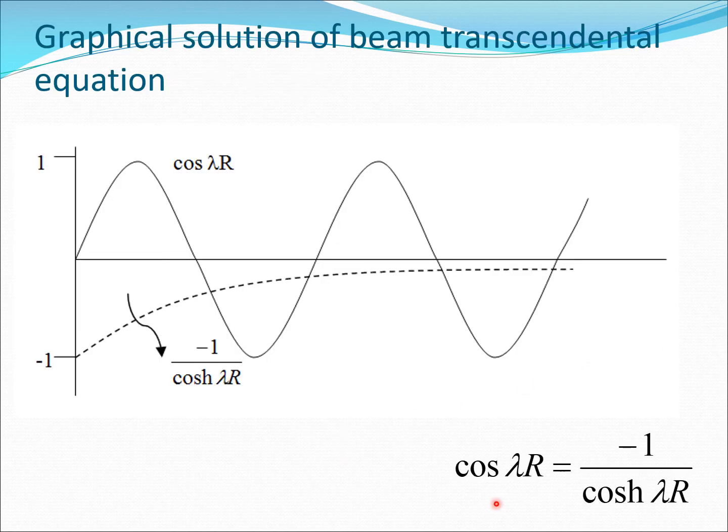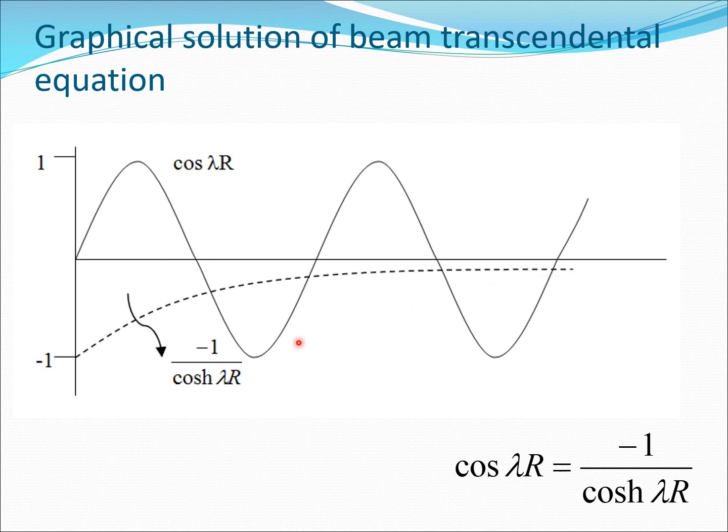To see that, we can rewrite this equation in this form, and what we can do is plot these two functions. So I plot cos(lambda R) and I plot -1 by cosh(lambda R), and you can see that these two plots intersect at all these points, and all these points are going to be the solutions of this beam transcendental equation.